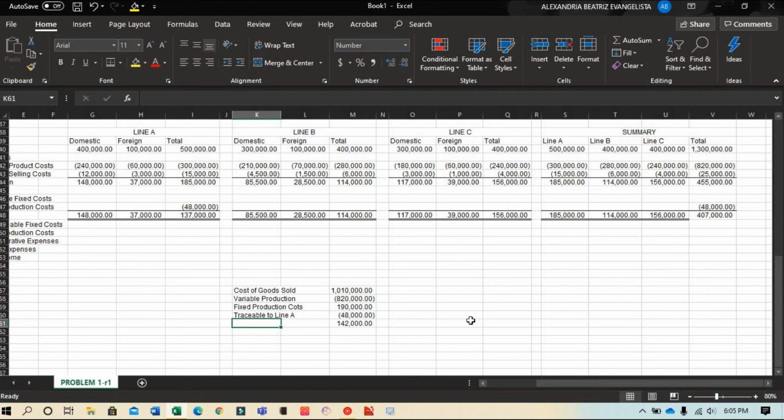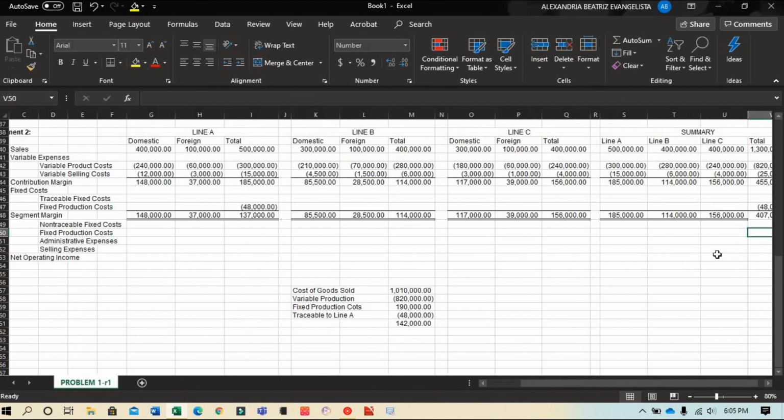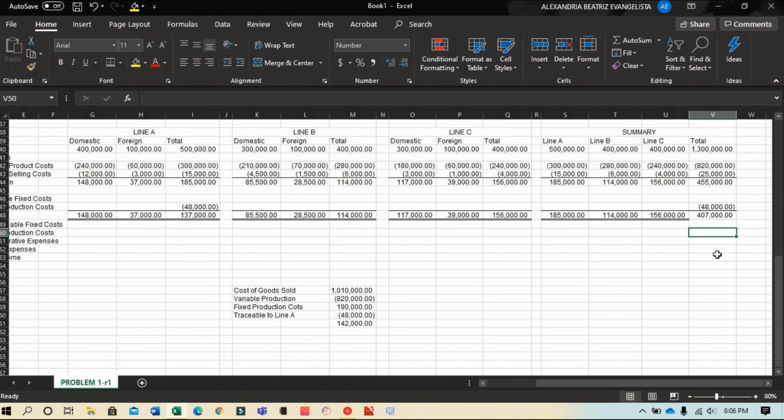So there's no allocation provided in the problem on how we are going to allocate this 142 fixed cost to both product B and product C. So it's considered as a common. I'm just going to deduct it in the total. So this is 142.